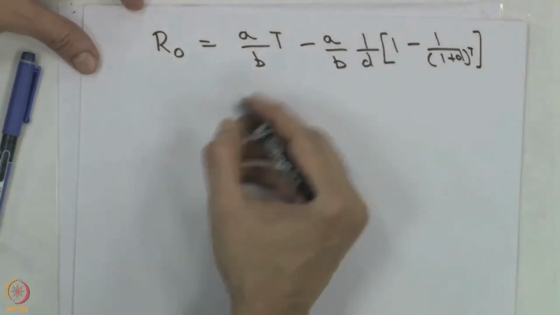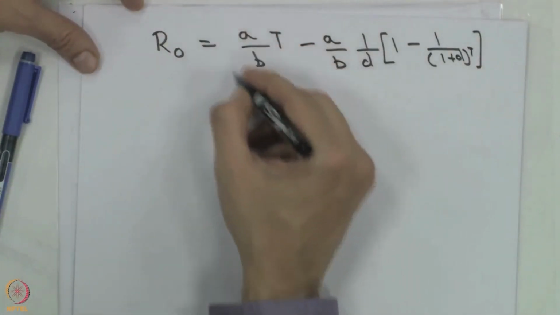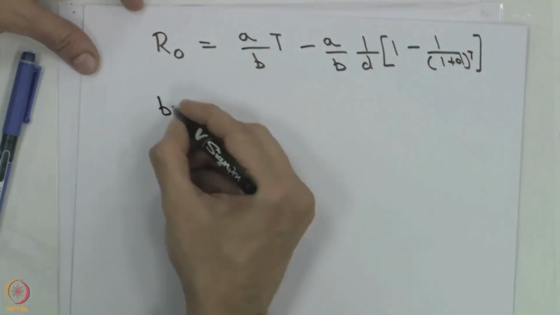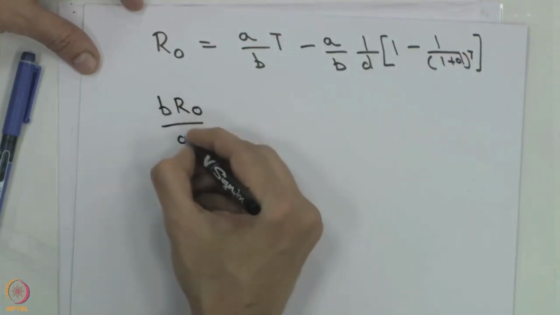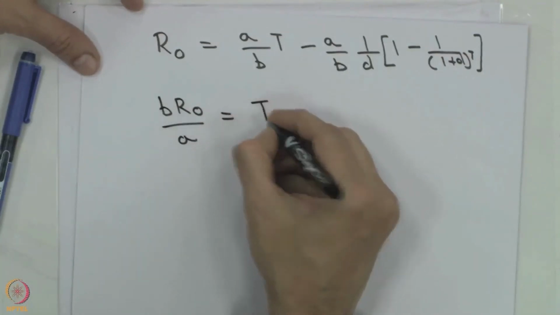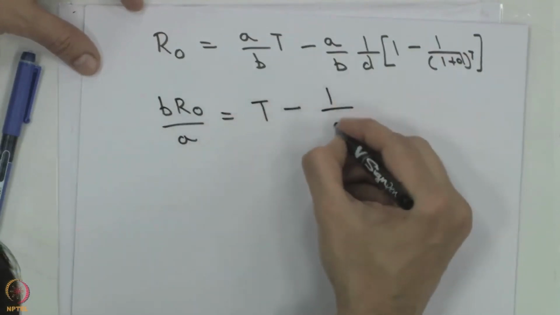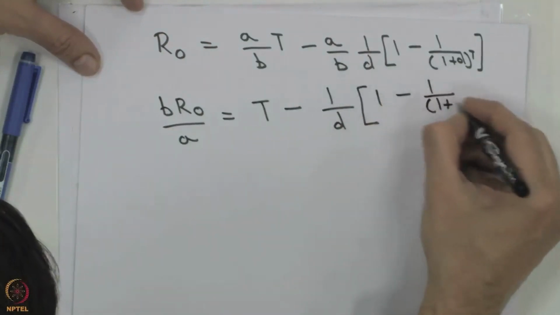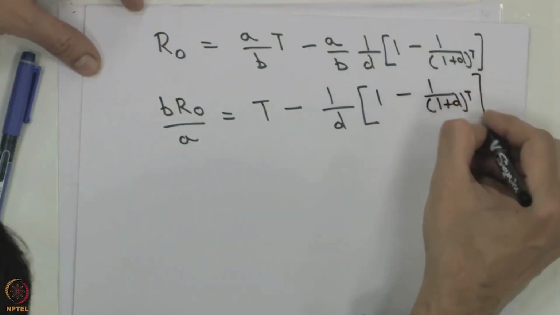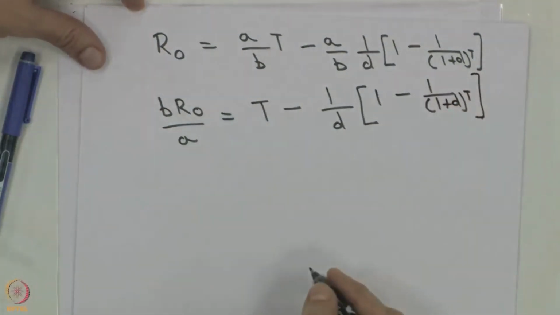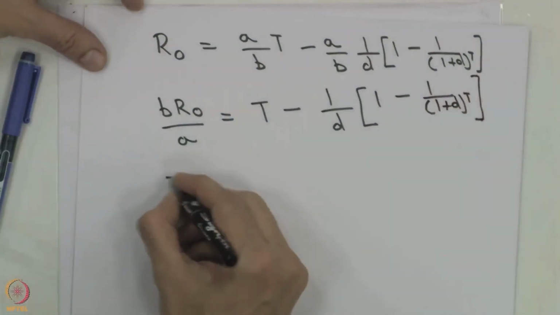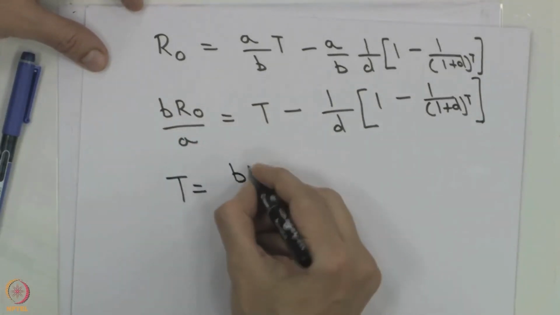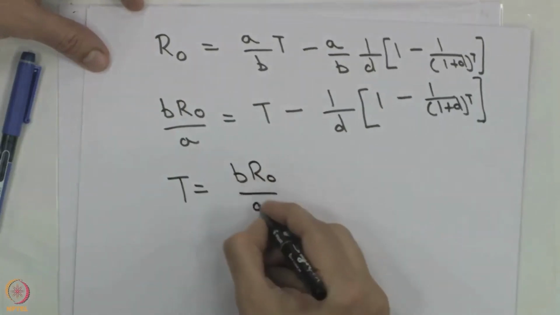A by B is common here, so I can take it to the other side, so that I get B R0 by A as T minus 1 by d into 1 minus 1 by 1 plus d raised to T. Now, we want to actually solve for T. So we can just write this now as T equal to, taking the terms on the other side.